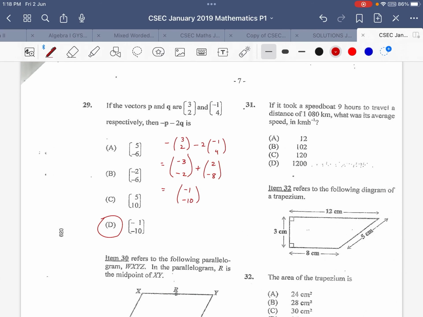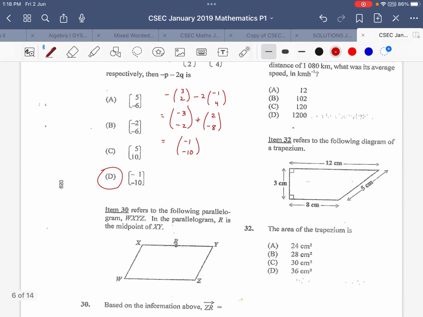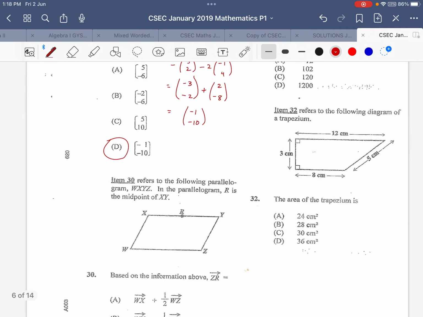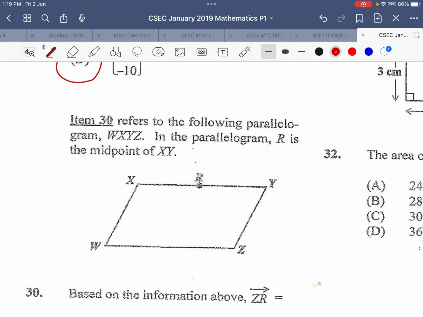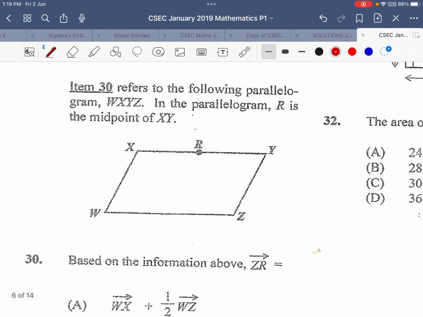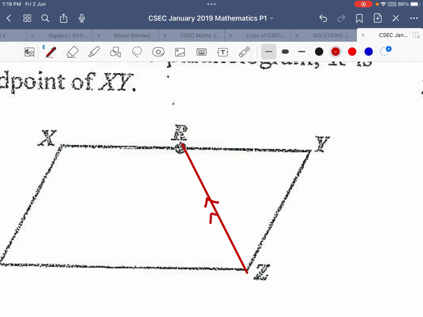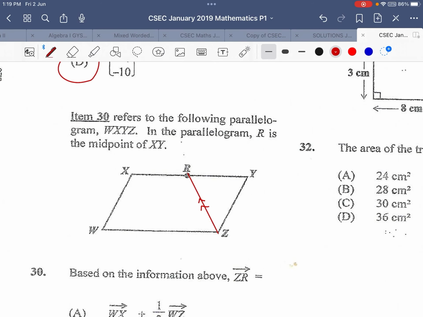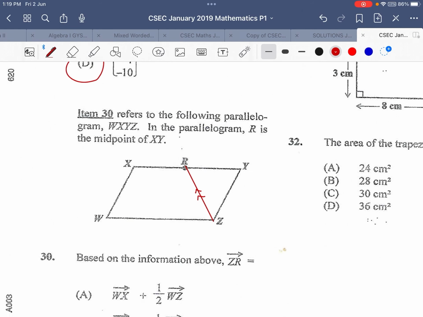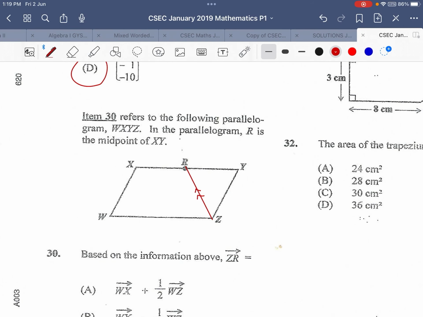Okay, item 30 refers to the following parallelogram WXYZ. In the parallelogram, R is the midpoint of XY. So number 30 says, based on the information above, ZR, so the vector ZR going from Z to R, that's the vector ZR, and we want to find what ZR is equal to.